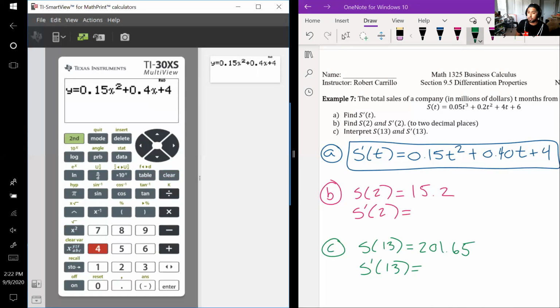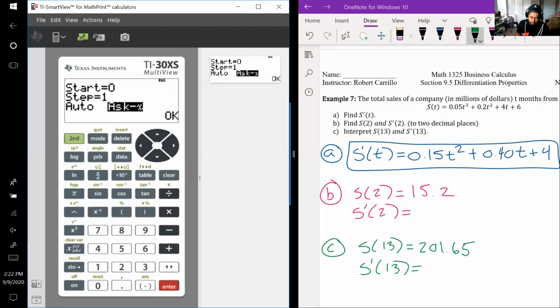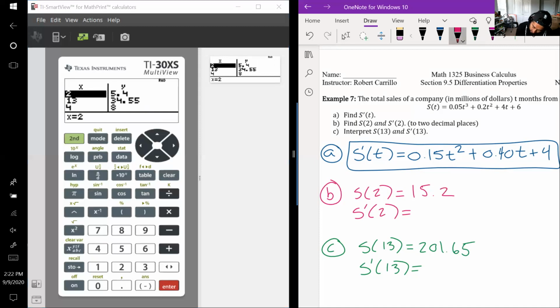Enter, and that 2 and 13 should be there already, making this fast. And I'll get 5.4. And for 13, I'll get 34.55. Okay, awesome.